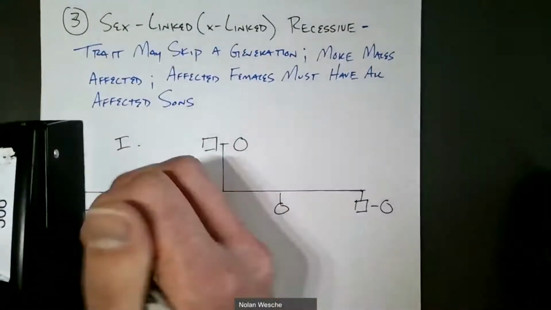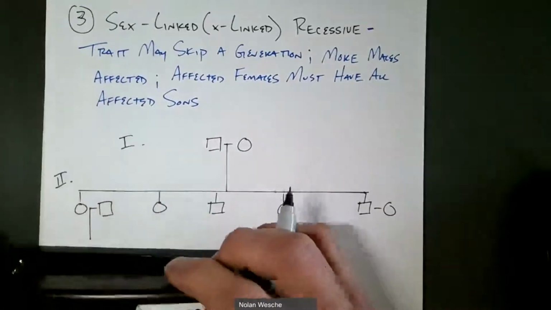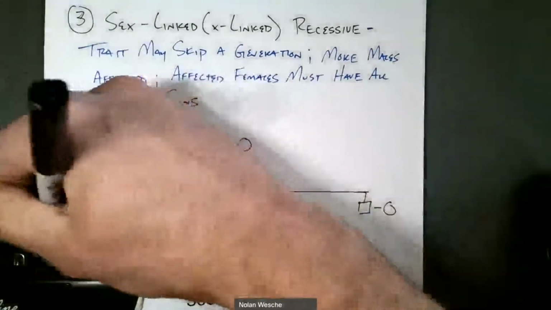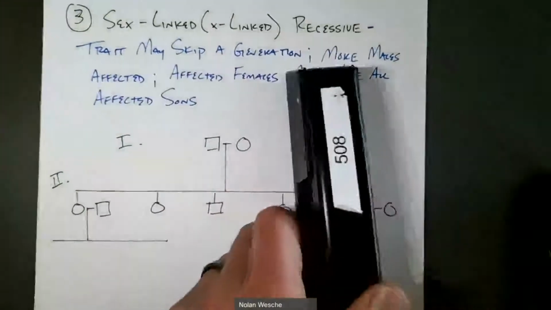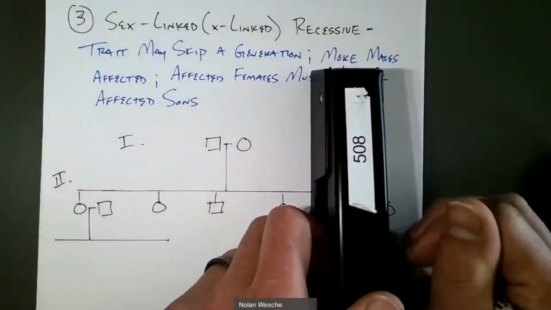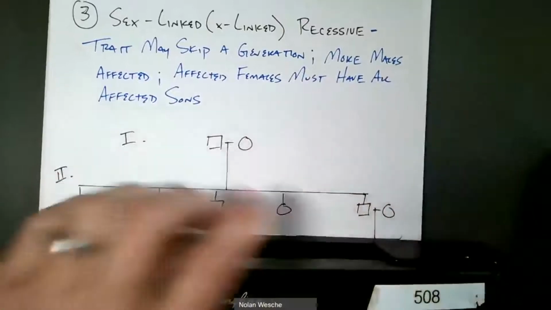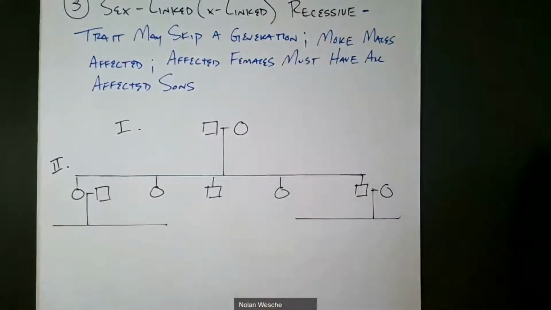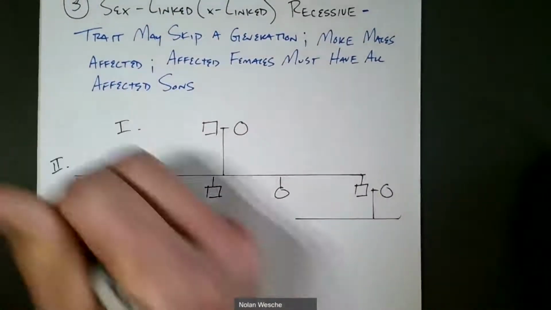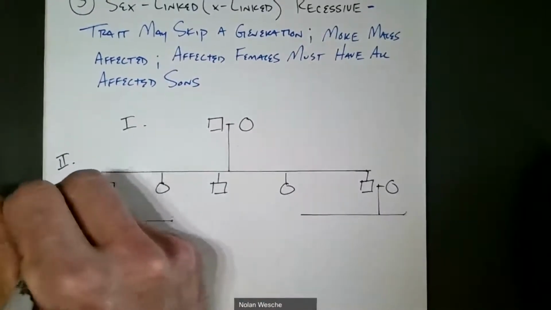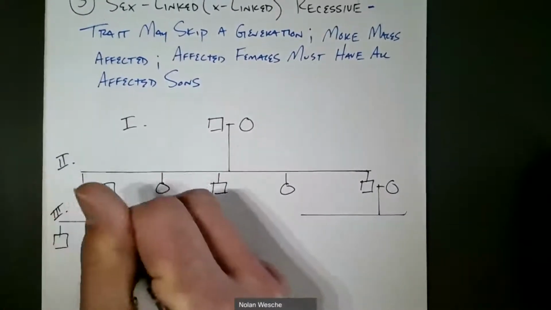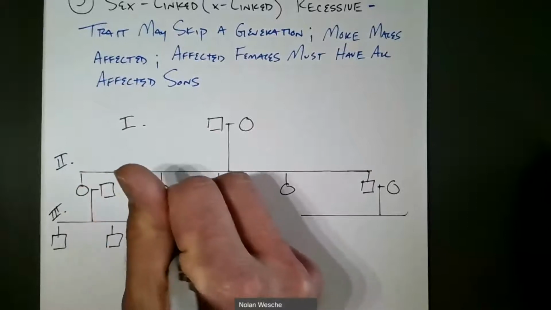Then I make my generation 3. So this is gen 3. And I'm going to have a couple of males in this generation and a couple of females.